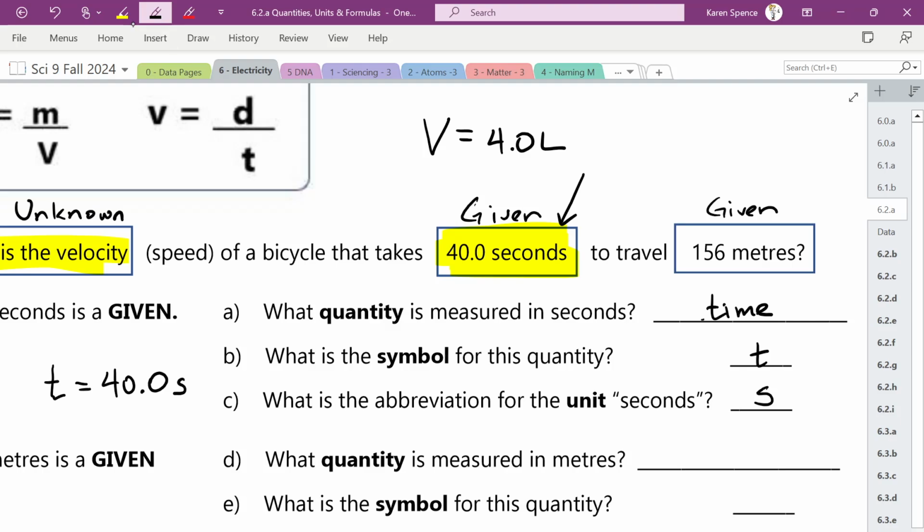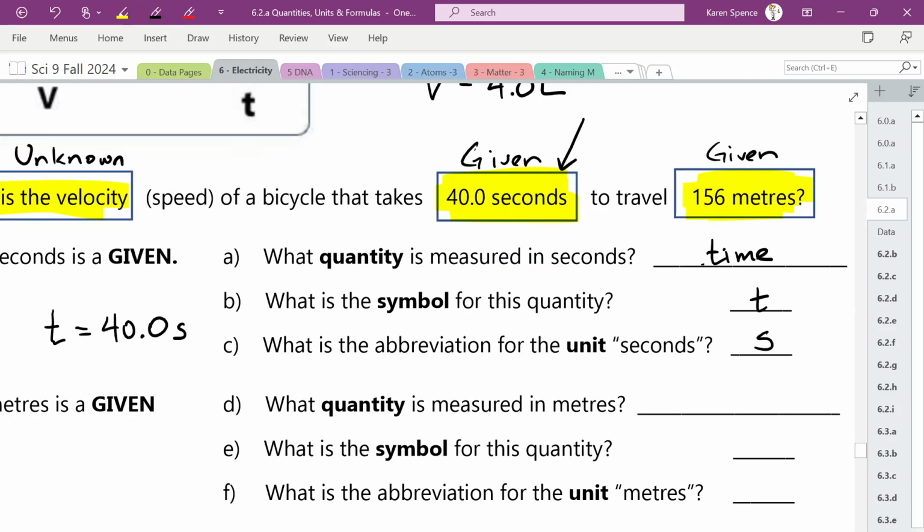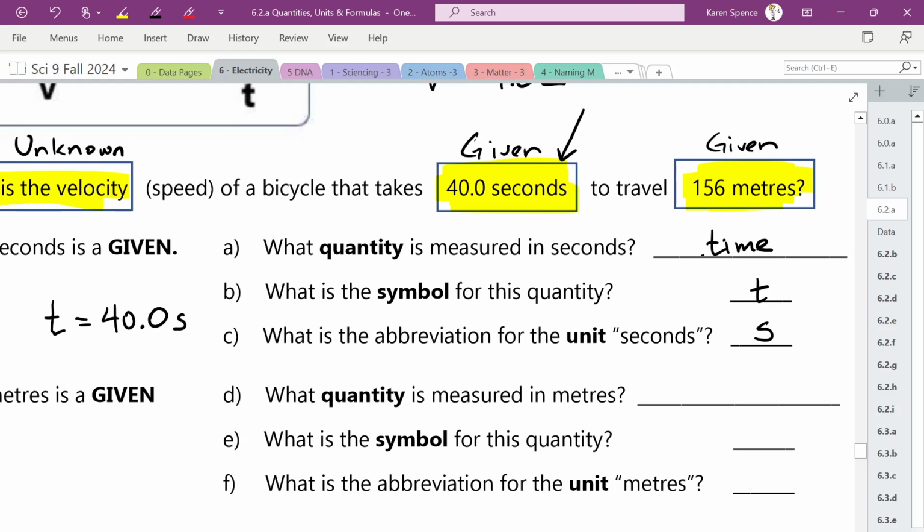Let's do that again for our 156 meters. We're not going to say T equals 156 meters because meters don't measure time. What do meters measure? Meters measure distance. So what's the symbol for distance? D. And the abbreviation for meters?